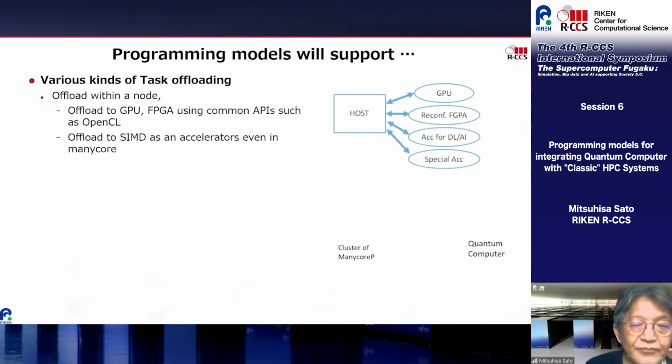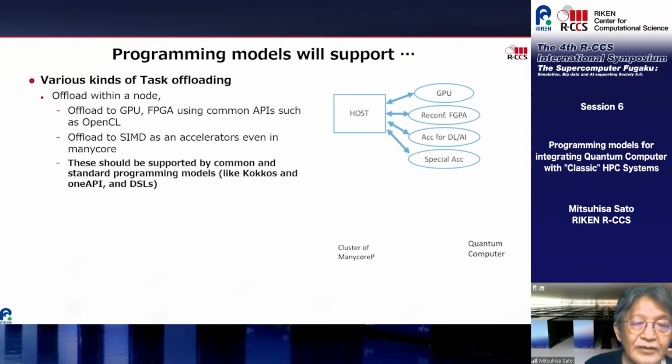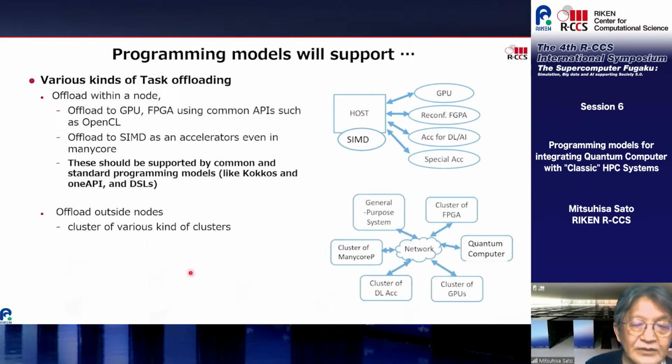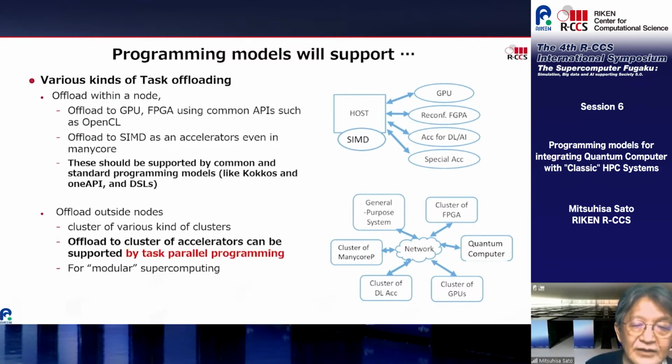Another form is offloading outside of the node. So the general-purpose supercomputer system is connected to various kinds of systems. I think task offloading to the quantum computer is one of these.